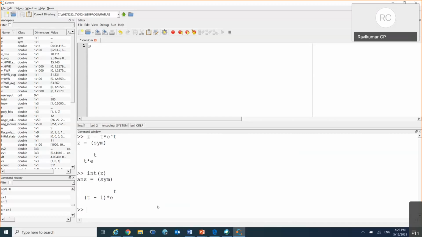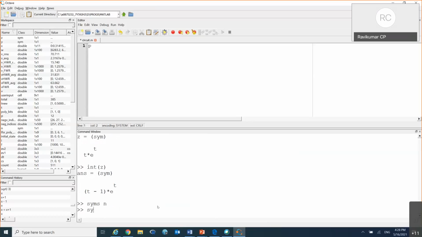You can also declare another symbol, let us say n. So we can say symsum. Let us say I want to sum t square. syms n is another symbol.